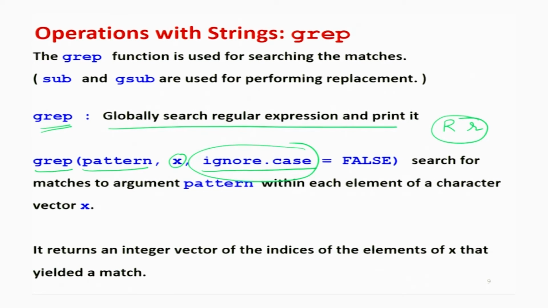So this is the meaning of ignore.case. If you say ignore.case is equal to true, it will ignore the case of any alphabet, and if you say false, then it will also match the case, and then it will return an integer vector of the indices of the elements of x that yielded a match.